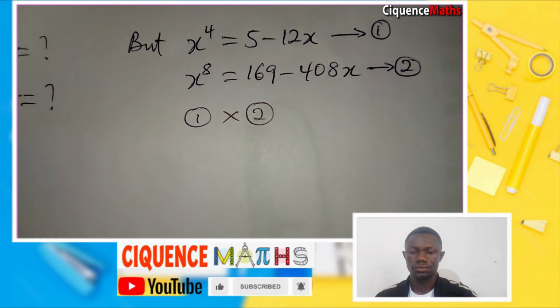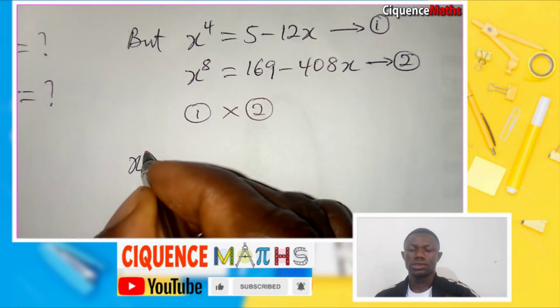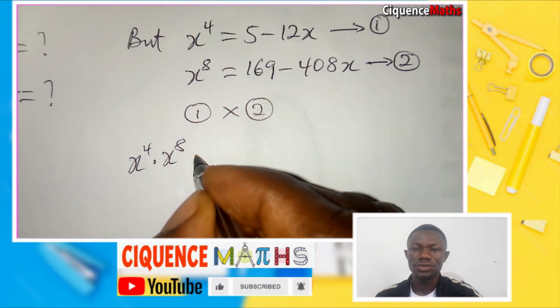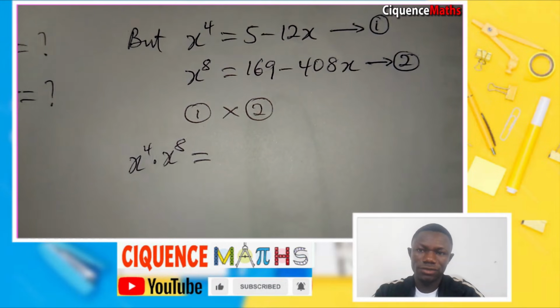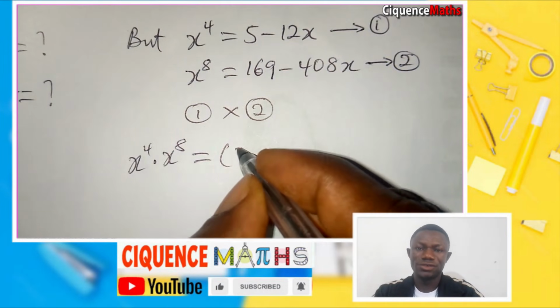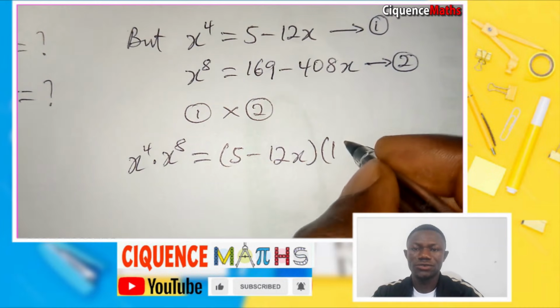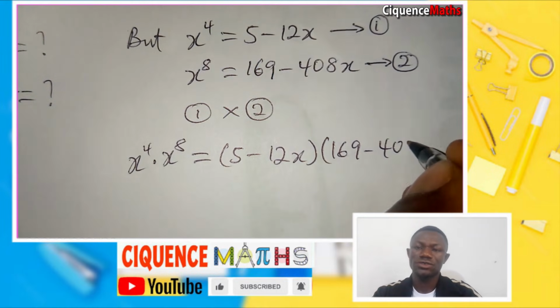Beautiful. So we have x exponent 4 times x exponent 8 equal to (5 minus 12x) times (169 minus 408x).